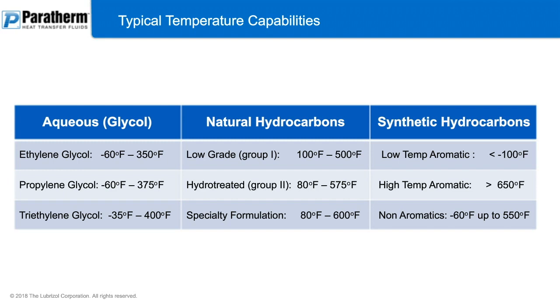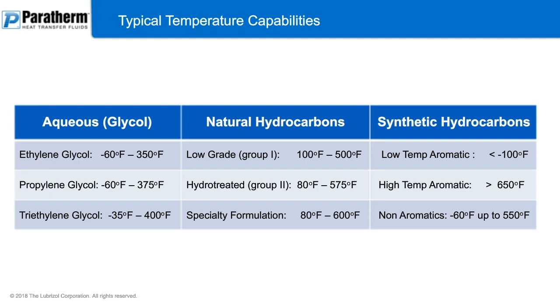Now, keep in mind, key point, when comparing fluids against each other, and we'll get into this when we talk about benchmarking and credibility of claims, temperature maximums are splitting hairs when you go between 600 and 610 degrees Fahrenheit. Anything within that 10 to 15 degree range, you should consider all things equal, and really look to the supplier to define why they define their maximum operating temperature as such and give you data to prove why one might be better than the other.